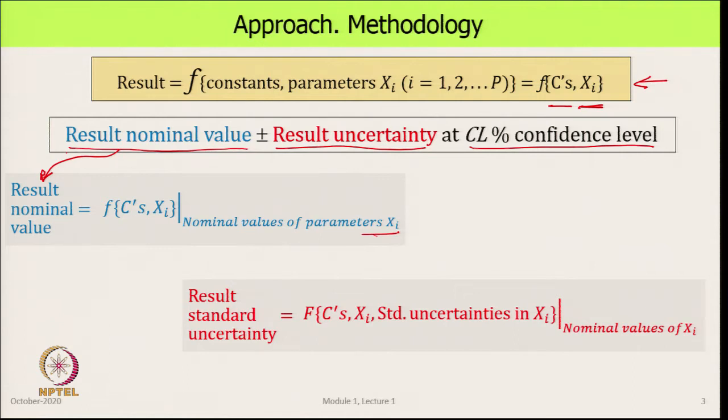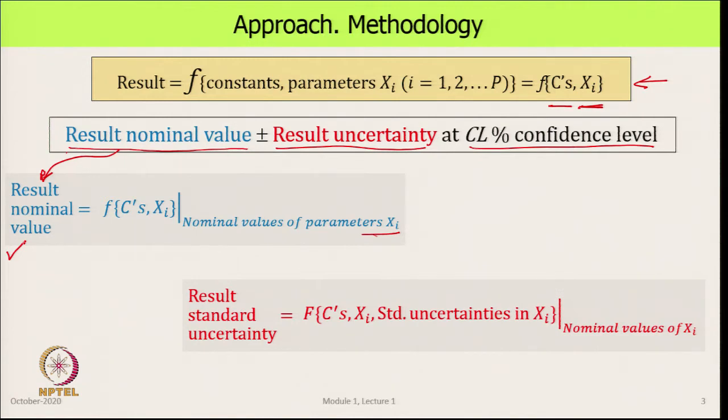So, whatever was the mean or average values of each parameter, we put it in the formula, do a calculation, and the number that comes out is the nominal value of the result. This we have done very often in our school and college experiments, and that is where we have generally stopped.